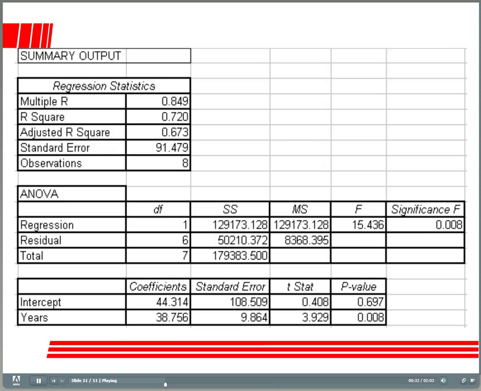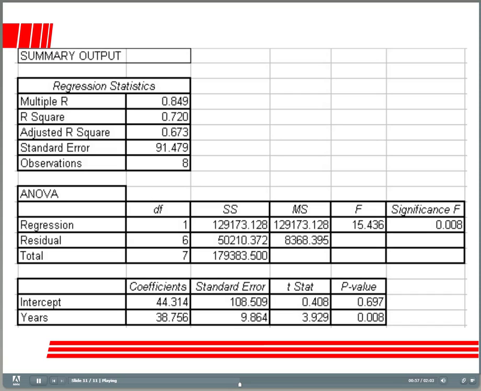If you go down to the ANOVA table, it shows on the far right F and the significance of F. The F is calculated by computing sums of squares and then a ratio of the mean square regression to the residual mean square error.